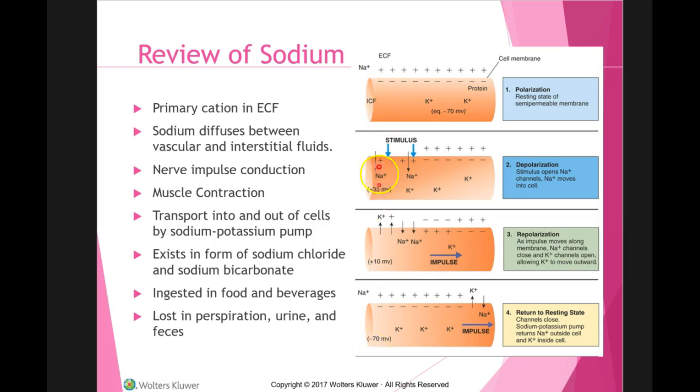This diagram here is a review of sodium's role in nerve conduction. Sodium is the main extracellular electrolyte, and potassium is the main intracellular electrolyte. But each electrolyte has an affinity for the opposite space. Homeostasis between the two electrolytes is maintained at great energy expenditure by the sodium potassium pump.